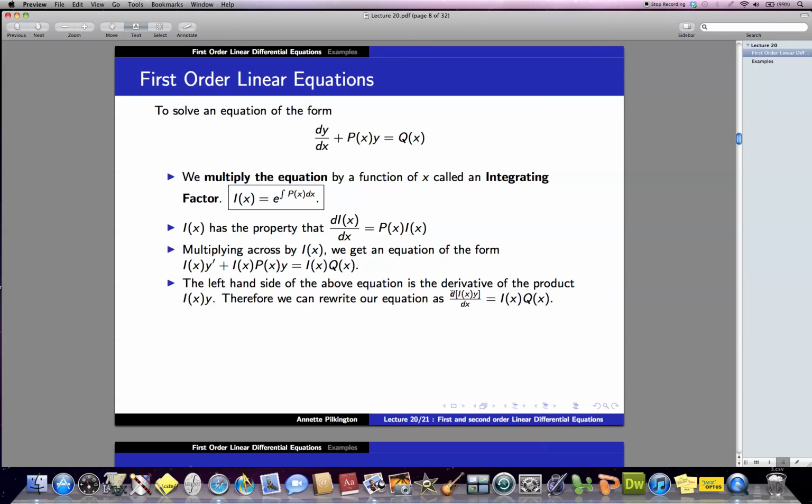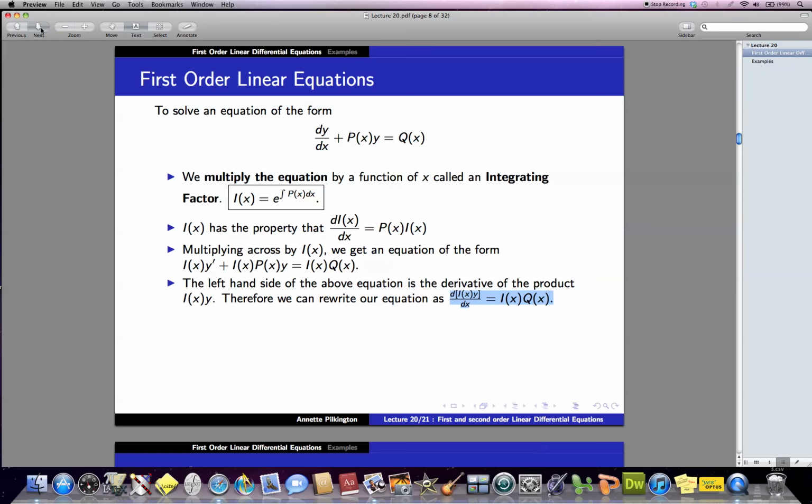So using the product rule, I get the derivative of I times y is y prime times I plus I prime times y. And so now I can change this differential equation to this form by reversing the product rule. So now on the left I have the derivative of y times I(x) equals I(x) times q(x), a function of x, on the right.